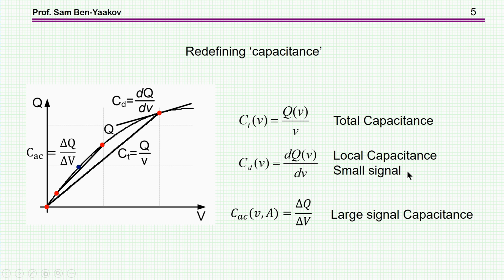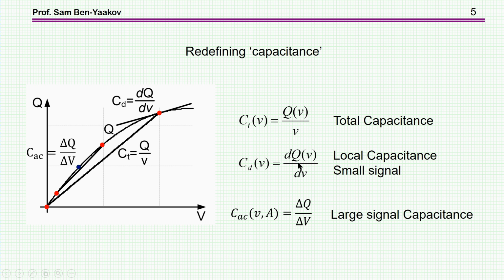And then we have a local capacitance, or a small signal capacitance, which is shown here, for example. It is a function of voltage also. That is, for any other voltage, it will be different, as is the total capacitance. But in the case of the local capacitance, we are talking about the local slope here.